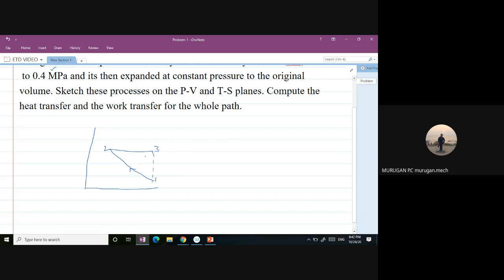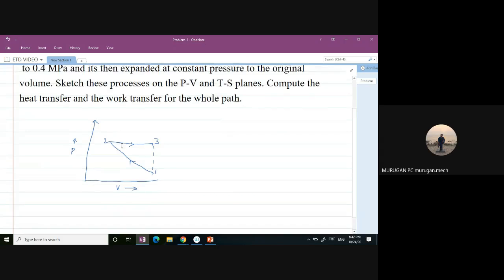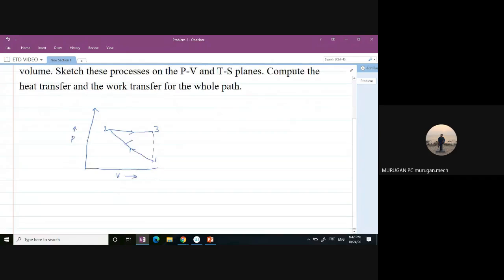Process 1 to 2 is shown on the PV diagram, and this indicates PV power gamma is equal to C. So this indicates the reversible and adiabatic process. This is the PV diagram.